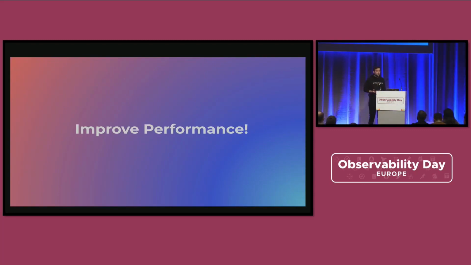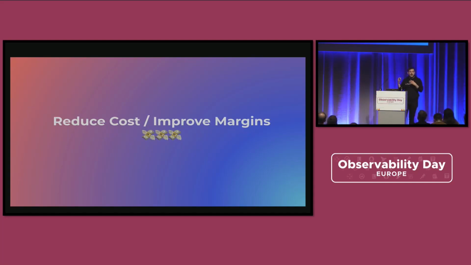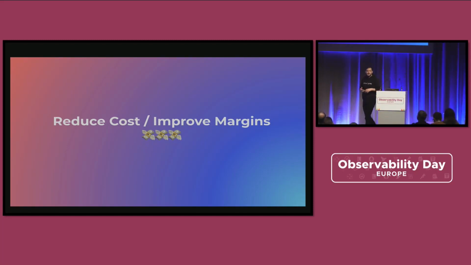We want to improve the performance of code, and ultimately that could have other effects as well, right? It could be because we're now doing the same task with less CPU, for example, that could mean that we're spending less money on our infrastructure. Today, we actually heard several times, how do we reduce the cost of our observability infrastructure, right?